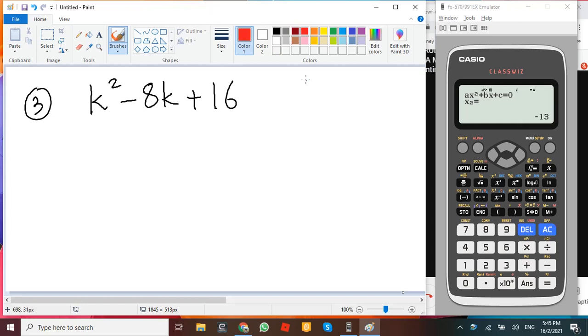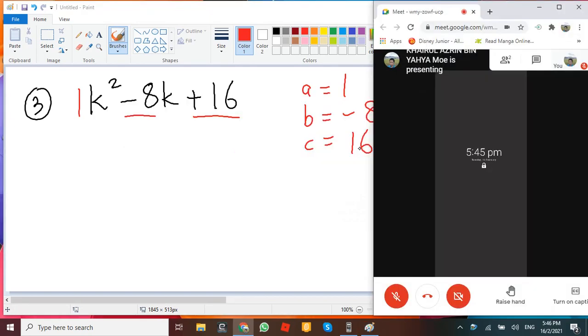So we want to know the value of a, b, and c. So value of a is this one, 1. B is this one, negative 8. And c is this one, positive 16. Okay, so we use the calculator to find the answer.